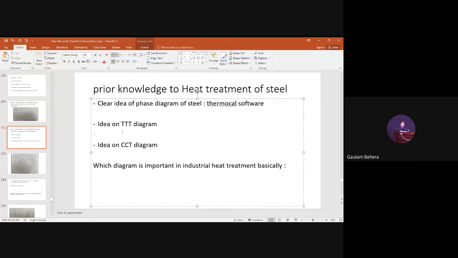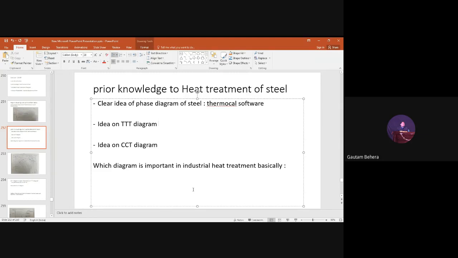Second is the idea of the TTT diagram. Obviously, if you remember, you should have a clear idea of this TTT diagram, right? A clear idea of the TTT diagram means you should understand the kinetics of the transformation, right? At what temperature the transformation starts and ends, or basically at what time. Kinetics means at what time, if you're keeping the temperature constant, the transformation starts and at what time it ends.